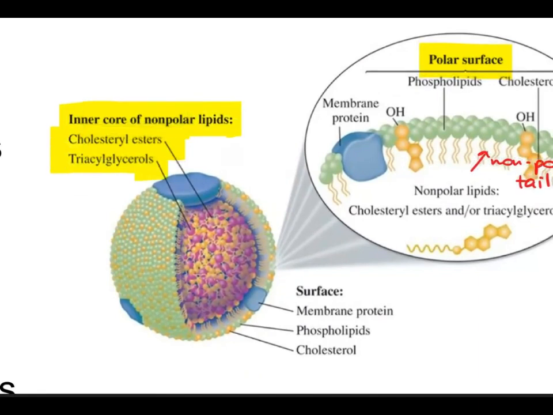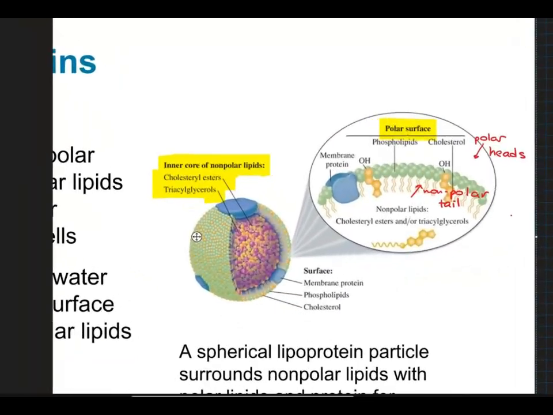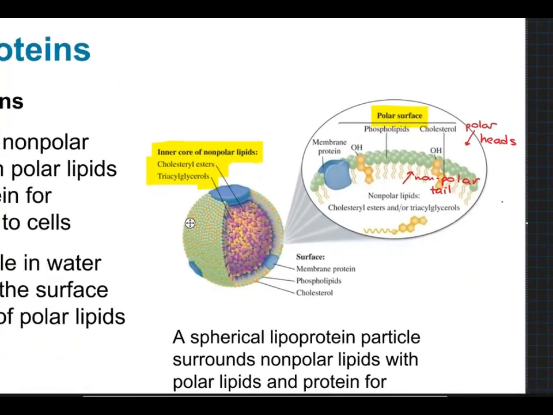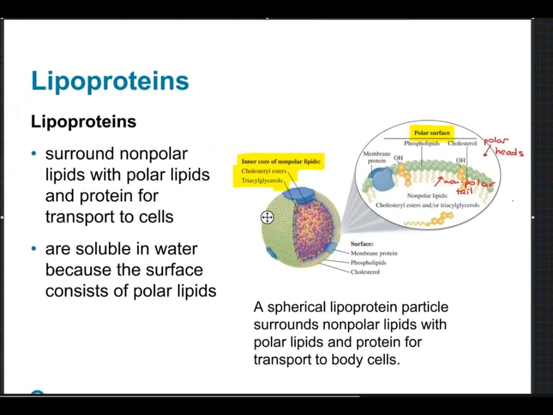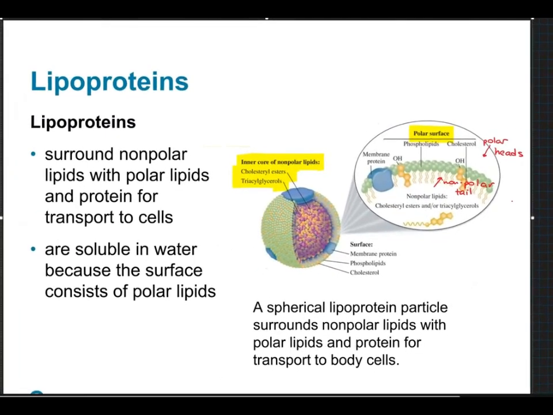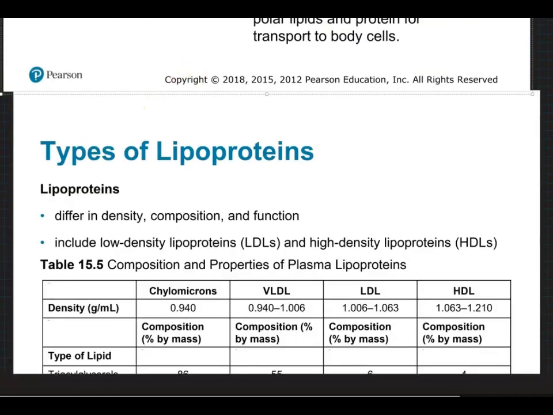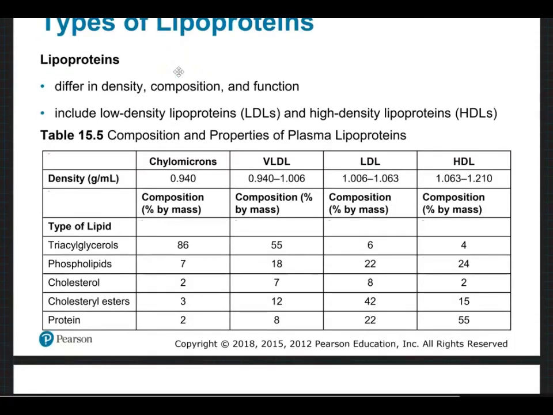Okay? Does that make sense to you? These polar surface shields those fats from blood effectively, okay? And there are 4 main types of lipoproteins.